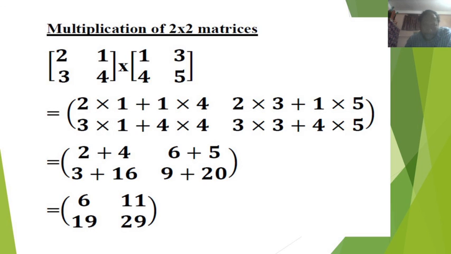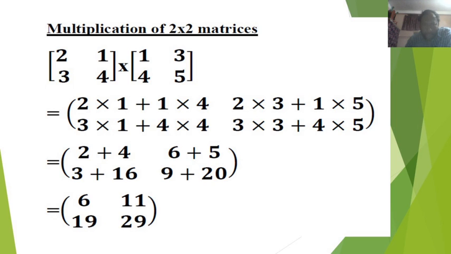Here the multiplication process is 2 into 1 plus 1 into 4. Next is 2 into 3 plus 1 into 5. Next is 3 into 1 plus 4 into 4. Next is 3 into 3 plus 4 into 5.